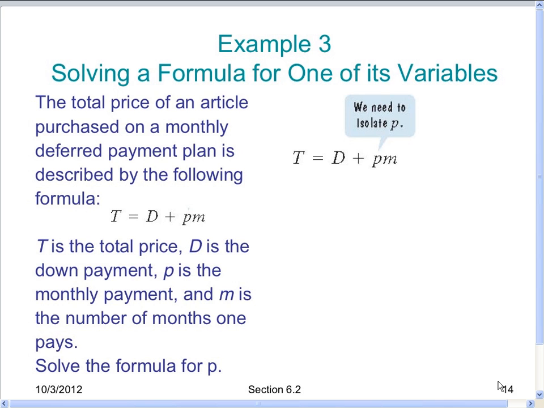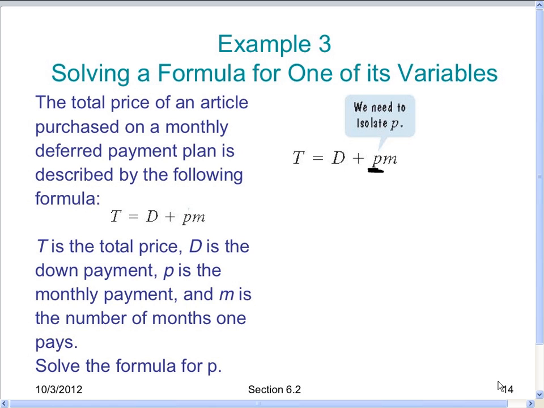All right. Here we're solving a formula for a variable. You solve exactly the same way. It's just you're using letters instead of numbers. So if I have t equals d plus p times m and I want to isolate p, in other words, I need to get p by itself.